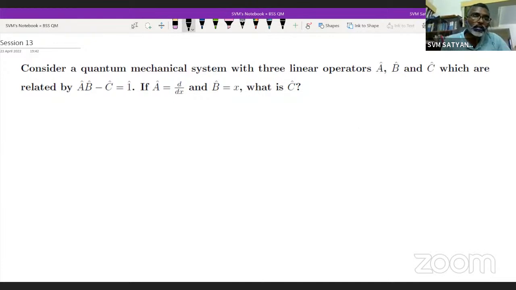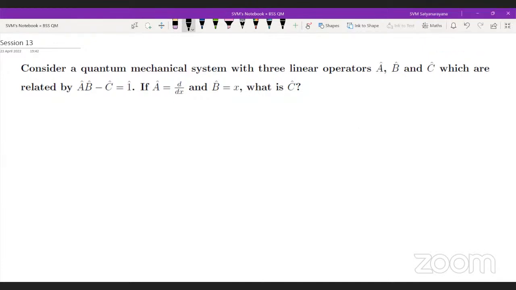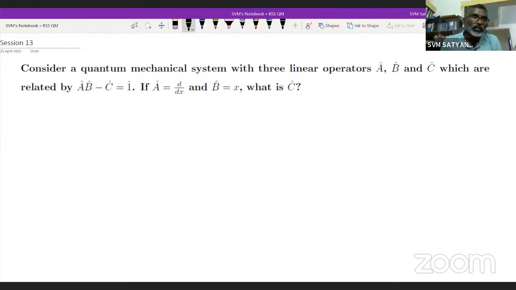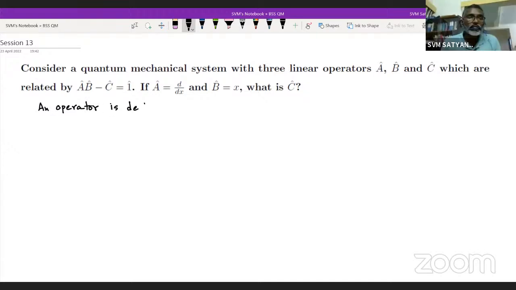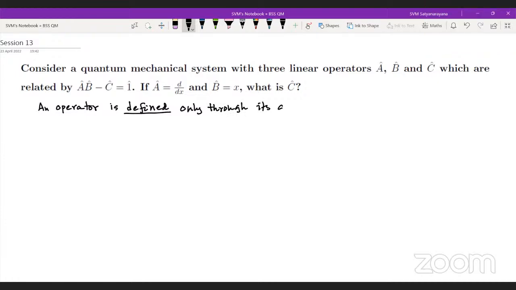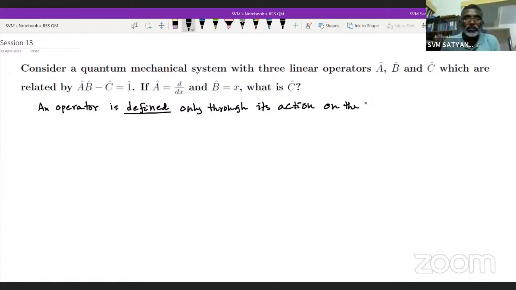Okay. So from all the discussion that I have heard from you, the concept here is that an operator is defined only through its action on the states.